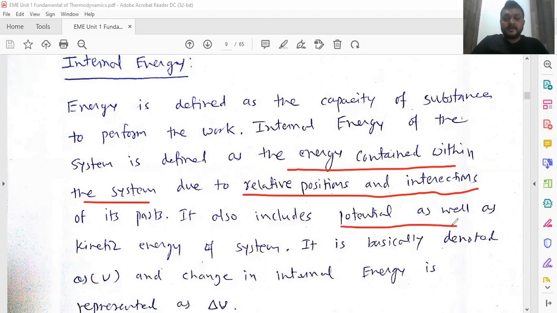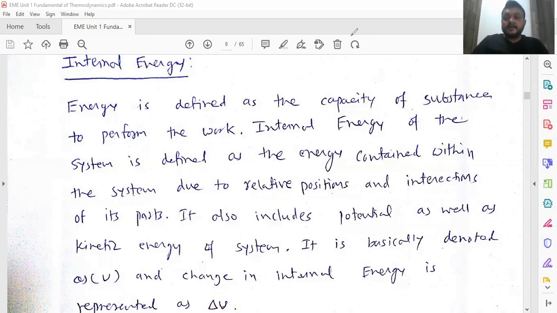Internal energy is denoted as U. You have to keep in mind all the notation: heat energy is Q, work energy or work is W, and internal energy is U. A change in internal energy is called delta U. So this is the concept of internal energy.